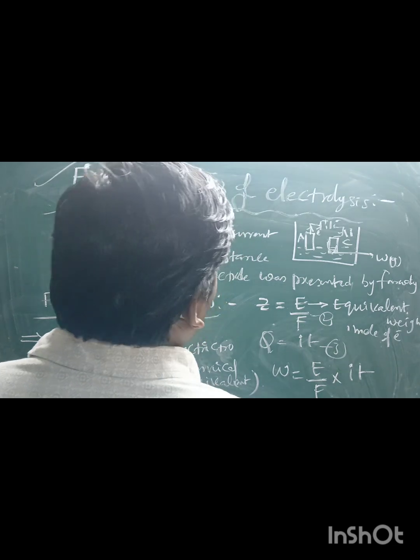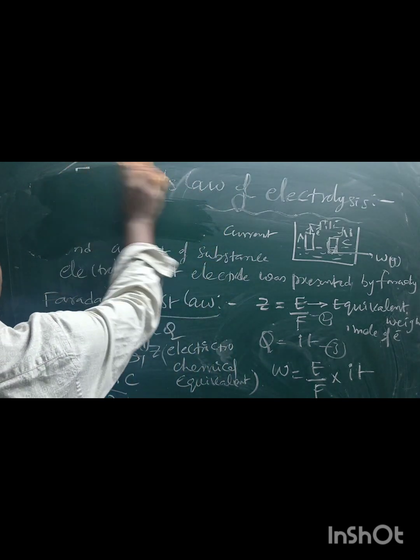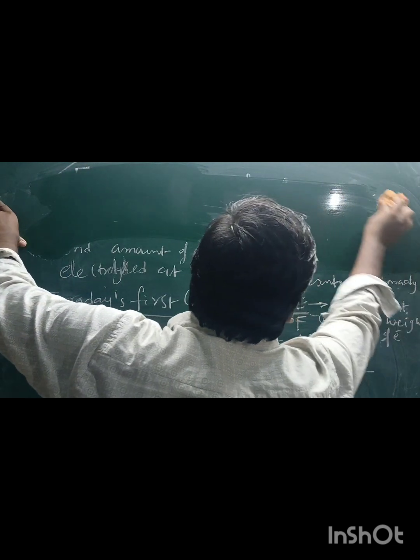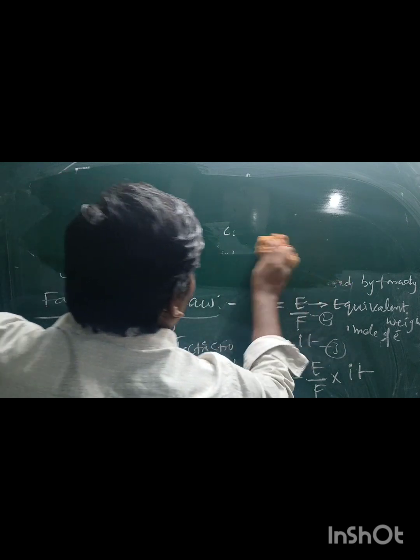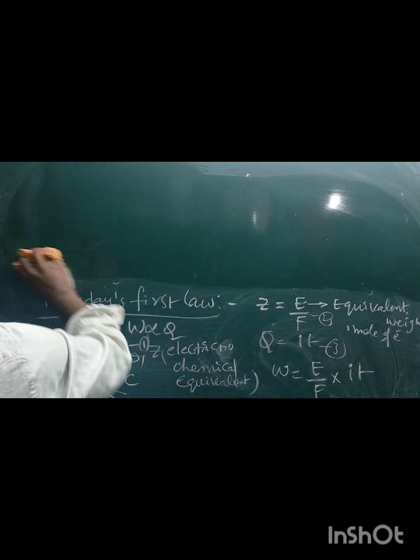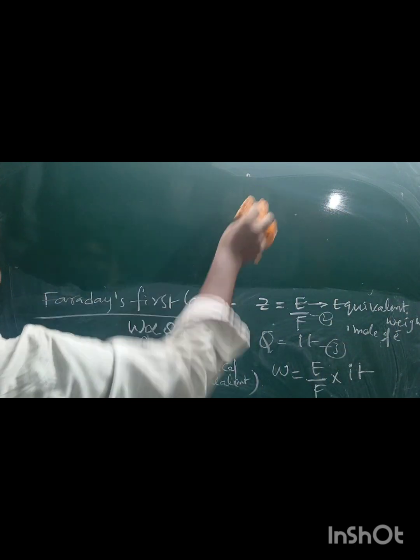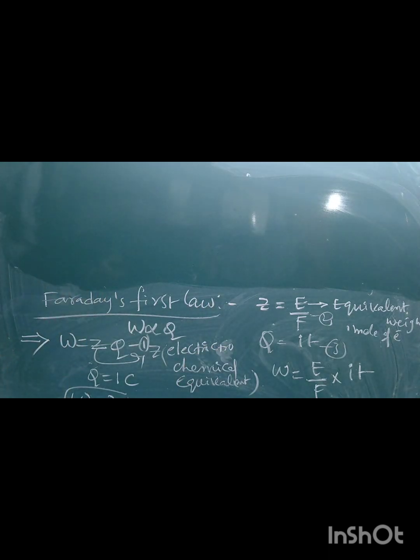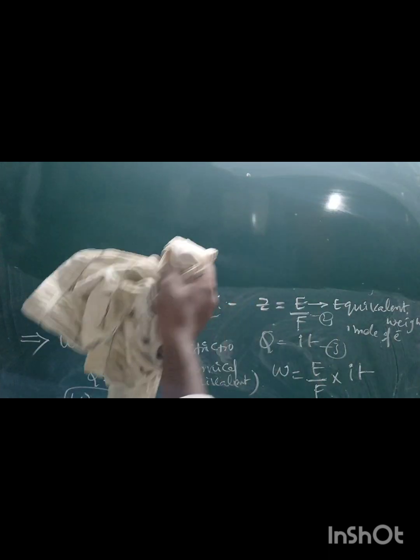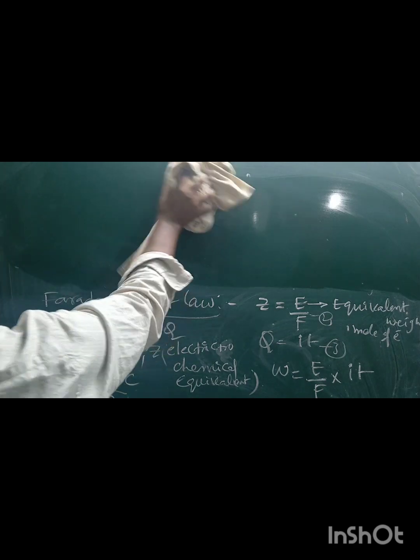What is the formula of equivalent weight? Equivalent weight is atomic weight divided by the number of electrons involved in the oxidation or reduction.